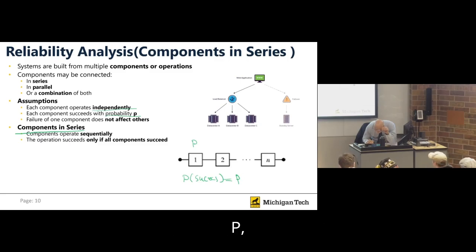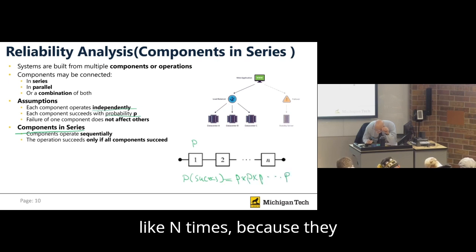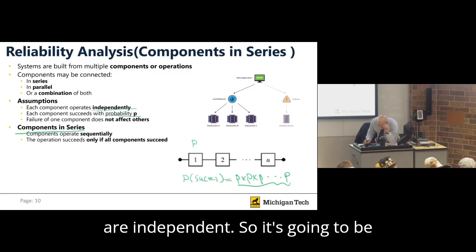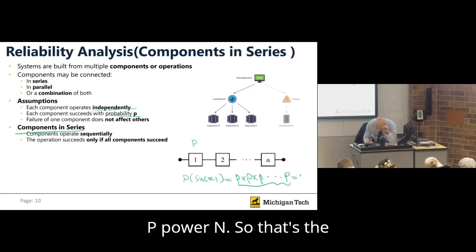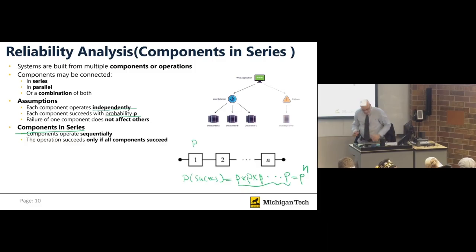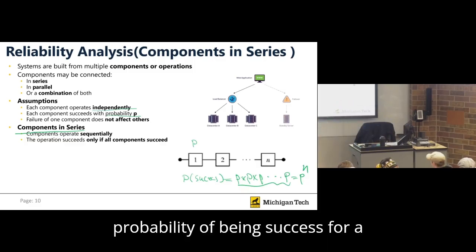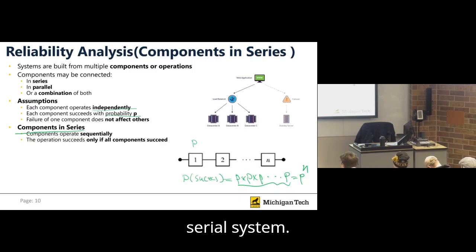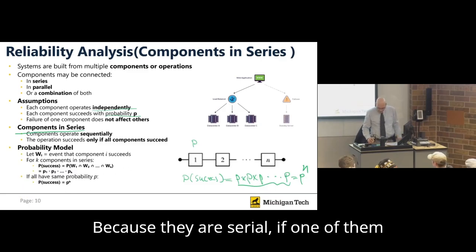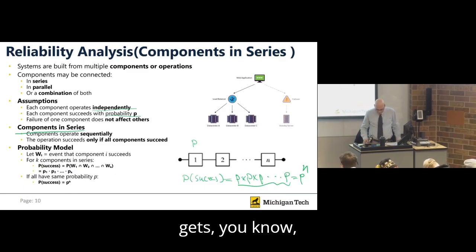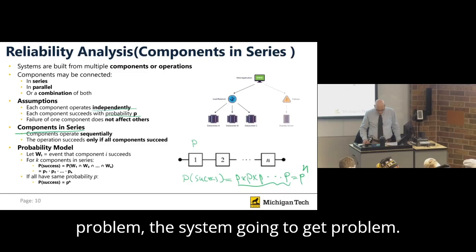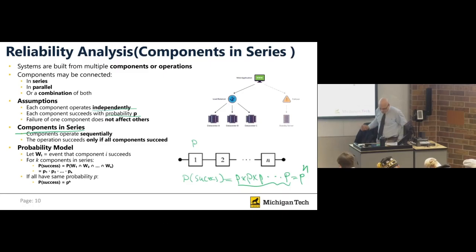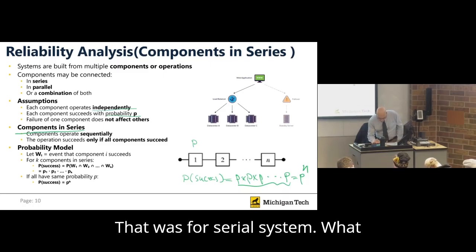The overall is P1, P2, n times. Because they are independent, it's going to be P power n. That's the probability of success for a serial system. Because they are serial, if one of them gets a problem, the system gets a problem. Okay, that was for the serial system.